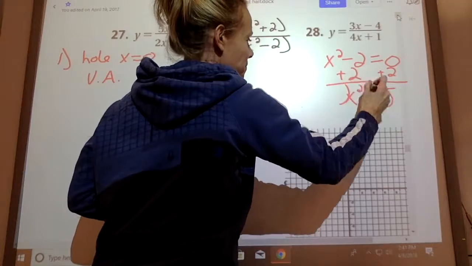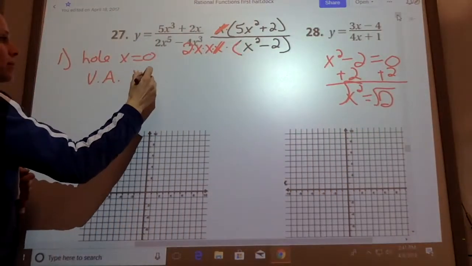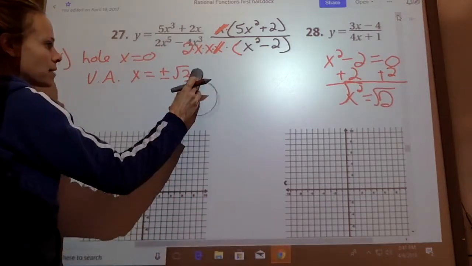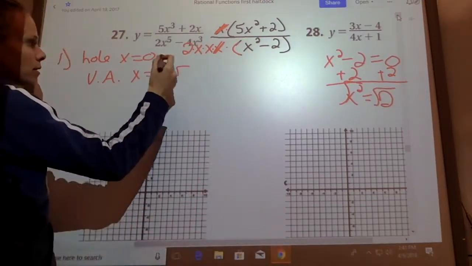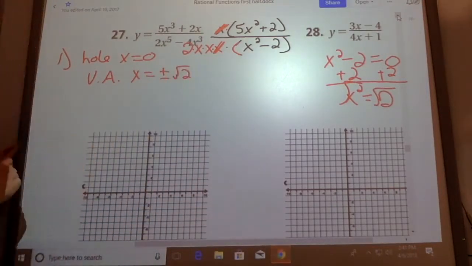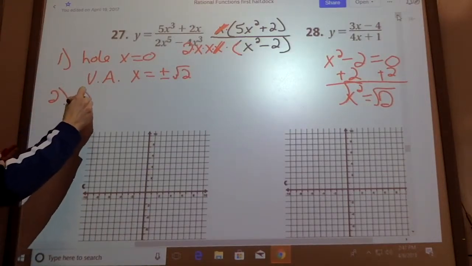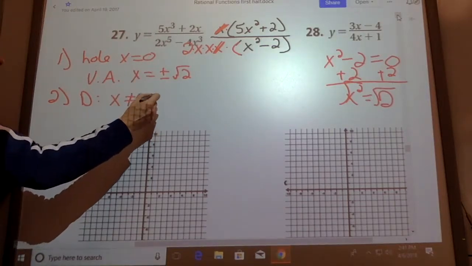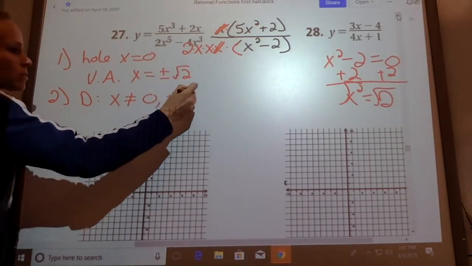So I have a lot of things here that can make the denominator 0: 0, and plus or minus square root 2. Therefore, for my domain, x cannot be 0 or plus or minus square root 2.